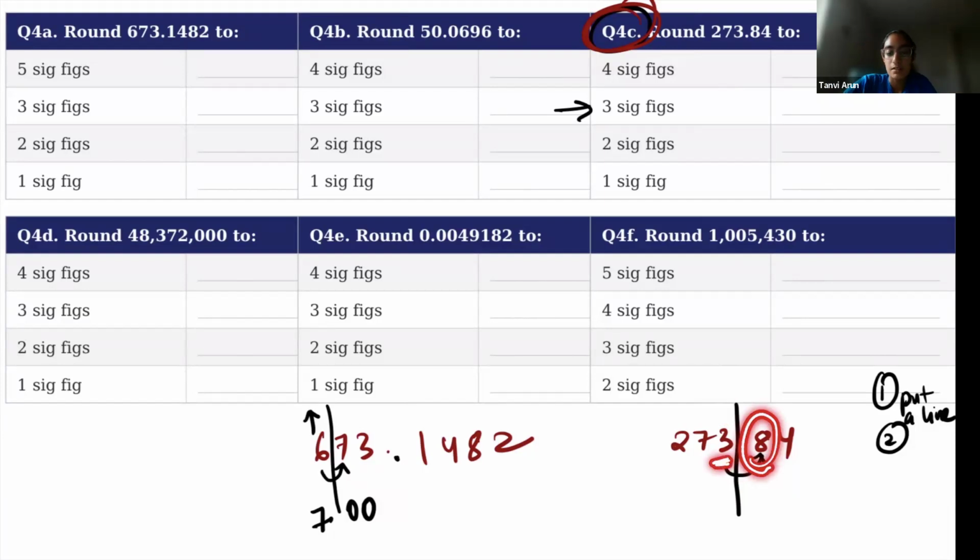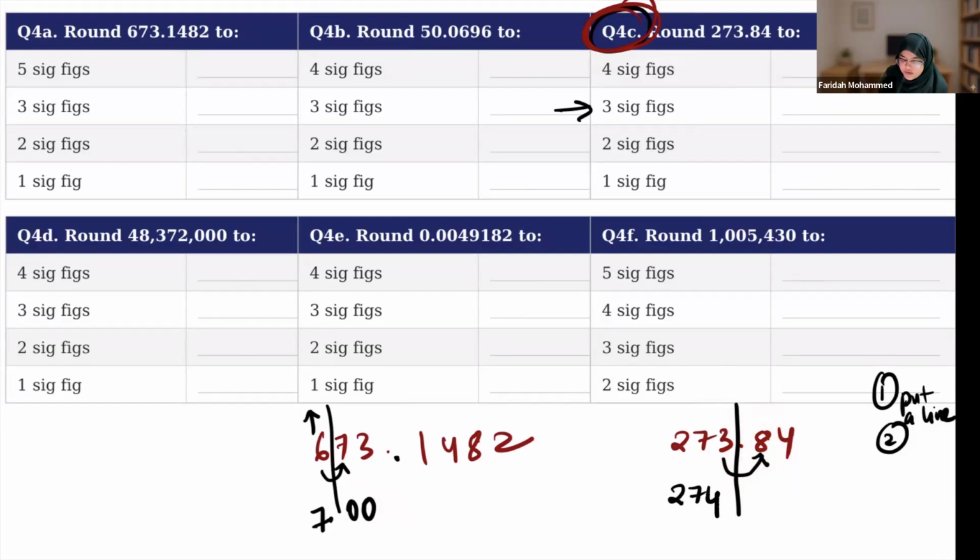So what happens to the 3? It becomes a 4, so 274. Now, after the line, it either gets ignored or becomes 0. How do you know? If it's after the decimal, it gets ignored. You just cancel it, okay? After decimal, don't write.